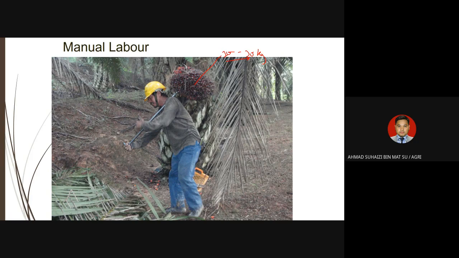When I was still young, I was training in the oil palm mill in Kulai, Johor, and I had to experience some of the workers' work, carrying the fruits. There was a competition to lift the fruit, which was about 45 kilogram. It's huge. I only lifted about 30 kilogram, and after that I was flat.